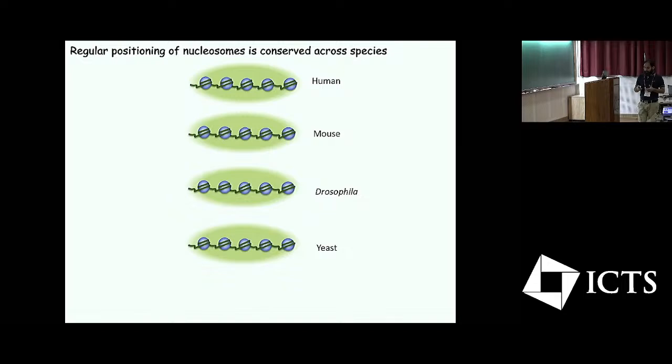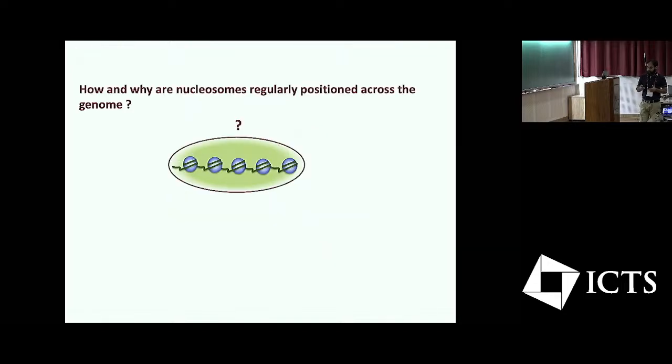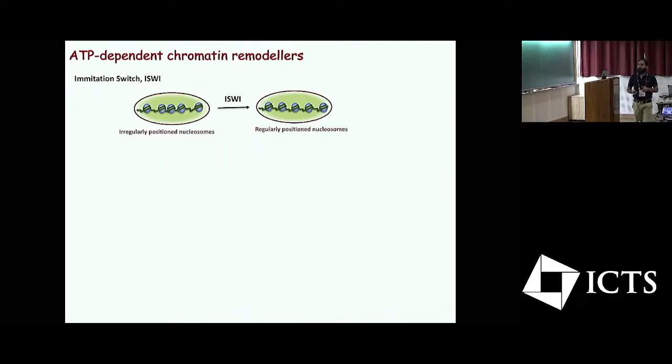The questions which we ask in the lab are pretty simple: how do cells position these nucleosomes, and why is it important for cells to position these nucleosomes regularly? This is what I will be discussing, our efforts to address these questions. We know that in cells there are extensive molecular motors that utilize the energy from ATP hydrolysis to slide the nucleosomes along the genome and position them regularly.